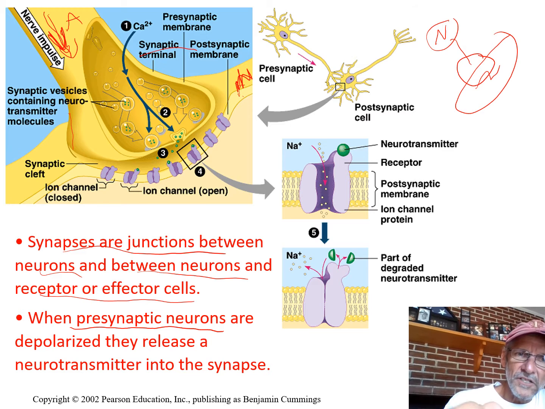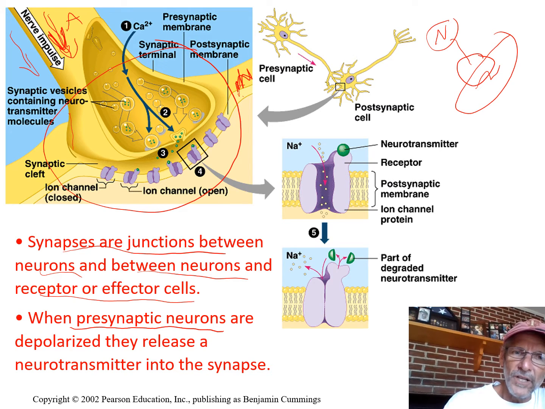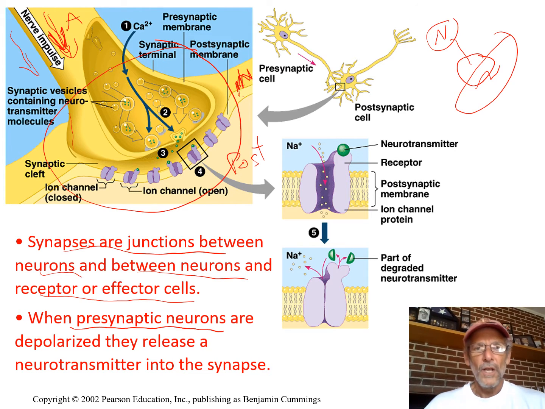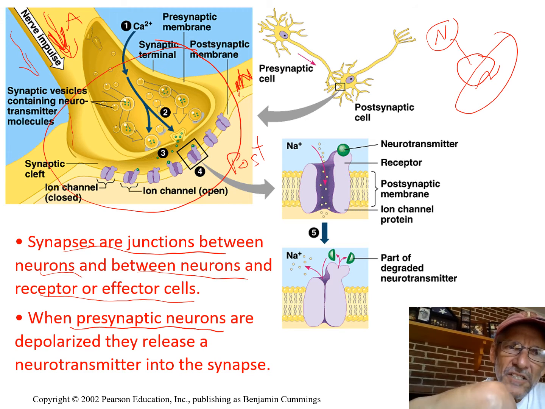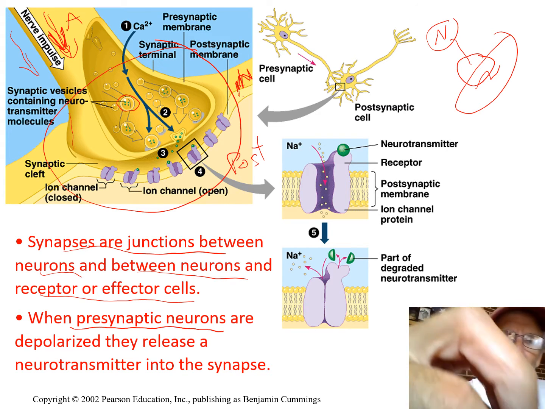Because this area is the synapse, and this one is before the synapse in terms of the direction of the impulse, and so this would be the postsynaptic neuron down here, okay? So what happens here, as you can see, is little vesicles that have these chemicals called neurotransmitters in them, because they are transmitting an impulse from one nerve to another, or maybe a muscle, right? Or maybe a gland cell, okay?